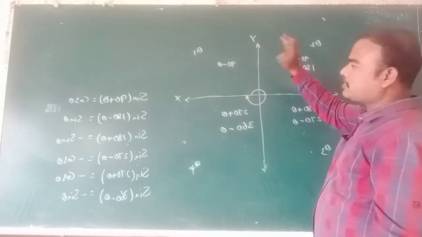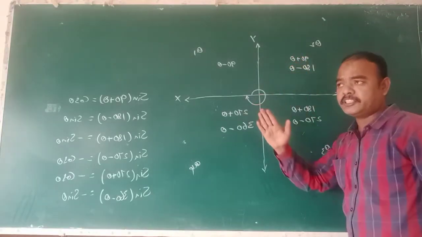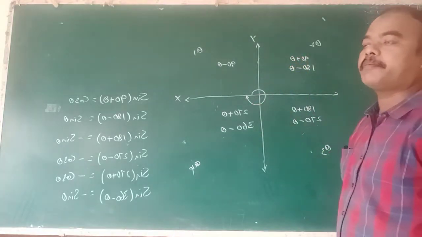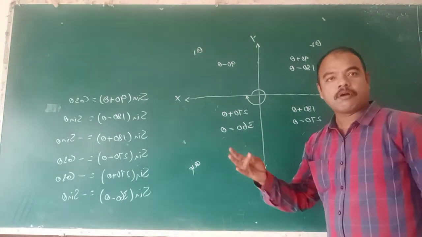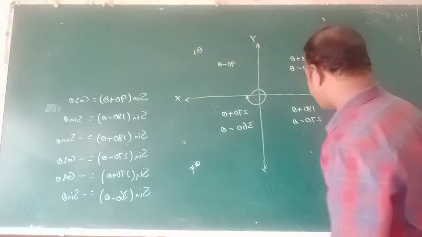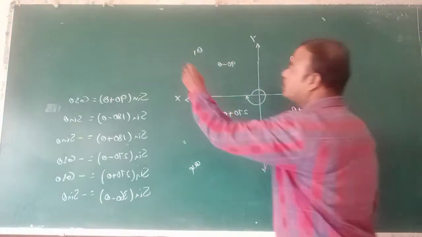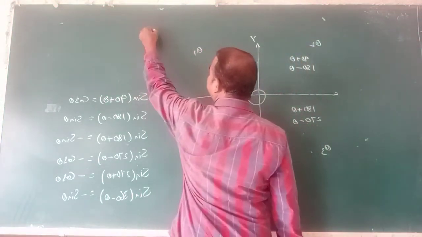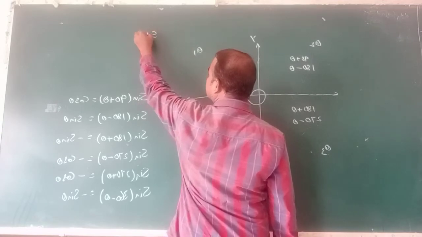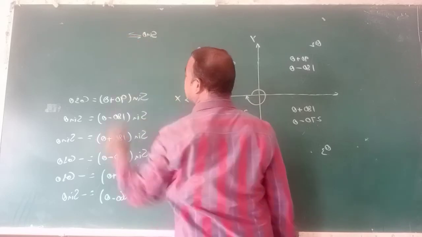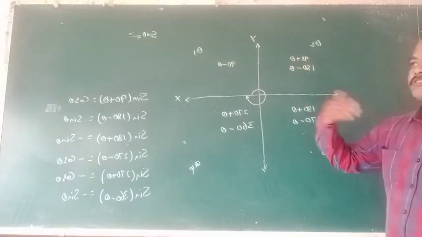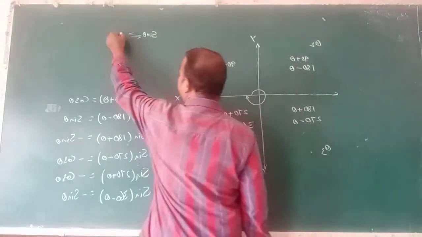Basically in trigonometry there are 3 trigonometric ratios: the sine ratio, cos ratio, and tan ratio. Taking the reciprocal of the sine ratio gives cosecant theta.